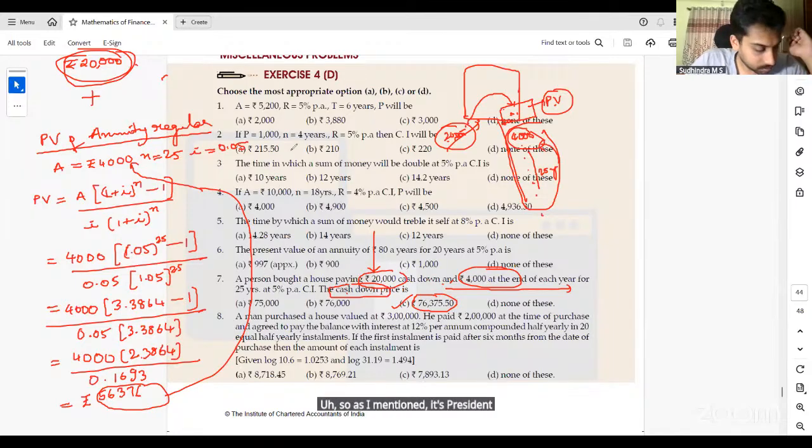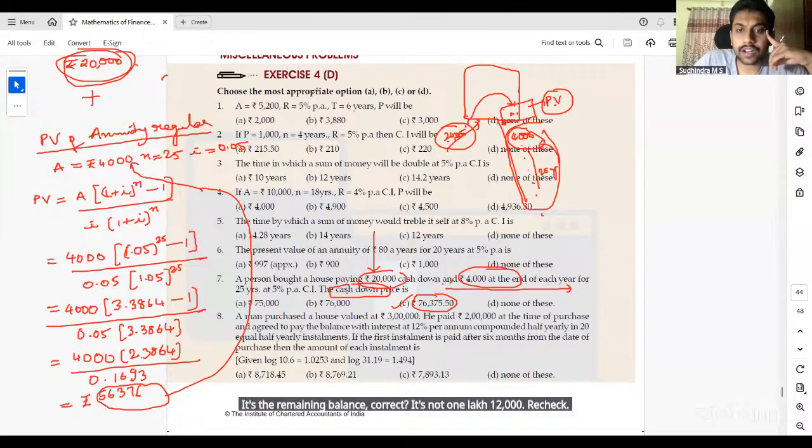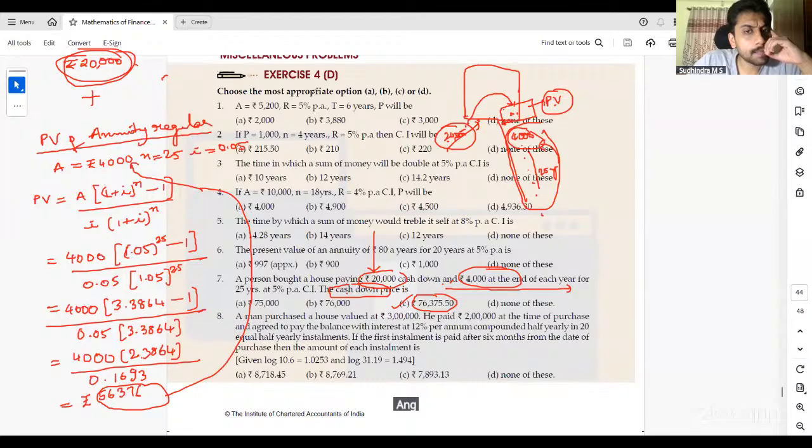So the present value will be 1,12,000 of the remaining balance, which we have to pay interest. No. It's the remaining balance, correct? It's not 1,12,000. Recheck. The concept is correct, figure is wrong. Annapurna, correct. Dhanush, correct.